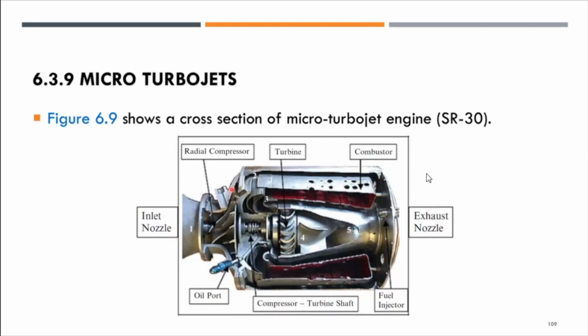it has a radial compressor, just a single stage radial compressor, and the flow goes into the combustor, right? Then it will be flowing back into the turbine stages before it is passed back to the exhaust nozzle. Okay.